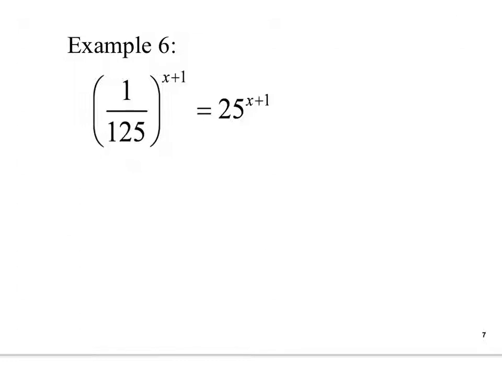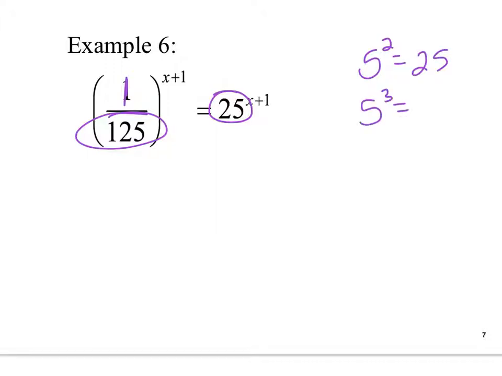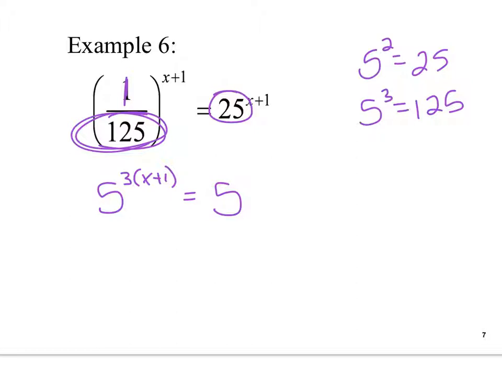Okay, same deal with this one. Again, look at the bases only. Forget that this is over 1, and find out that 5 squared is 25, and 5 cubed is 125. So rewrite that appropriately. So 125 gets replaced with 5 cubed times x plus 1. And 25 gets replaced with 5 squared times x plus 1. So the problem here is that this was a fraction, so let's deal with that. We just make it negative.